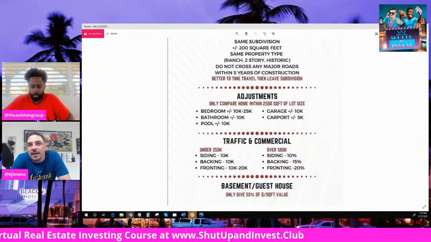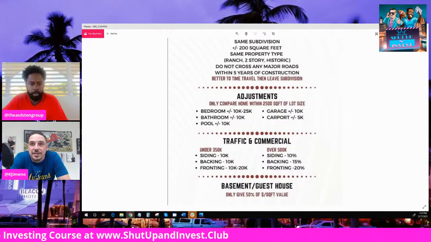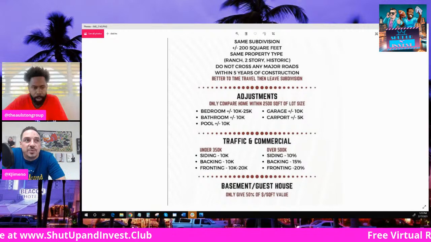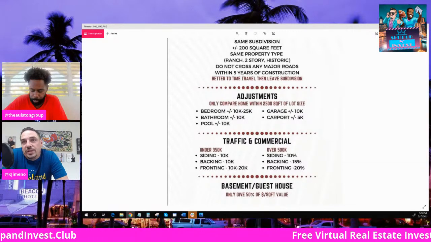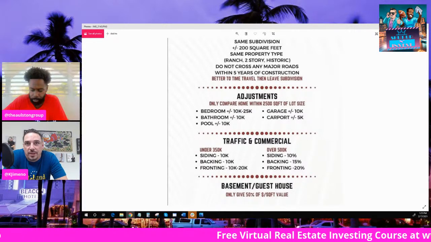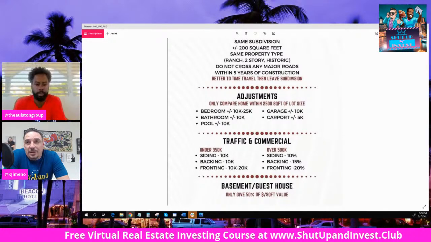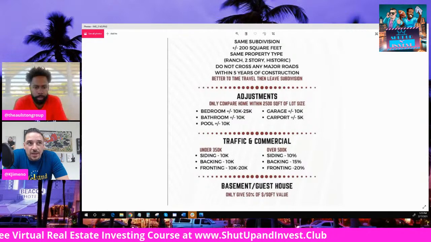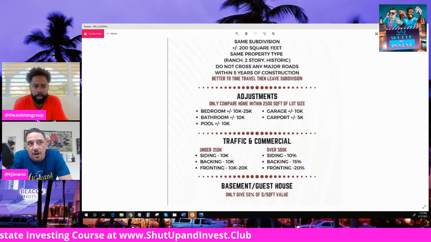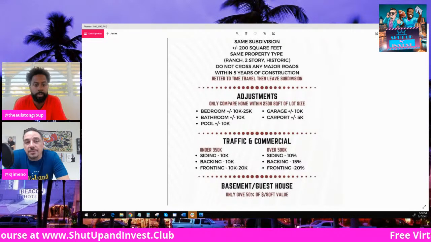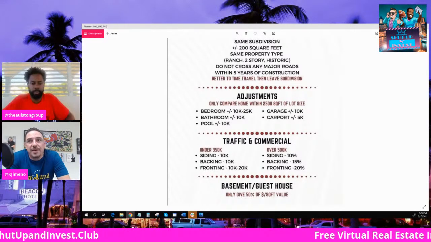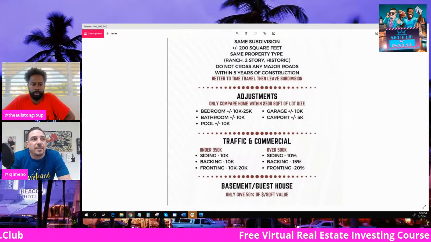So here you see the breakdown for a bedroom, depending on the size and depending on what property types we're looking at. It's anywhere between $10,000 to $25,000 plus or minus. A garage, about 10,000. If it's not a garage, instead it's a carport, that's not the same, so that's a little less. That's $5,000.